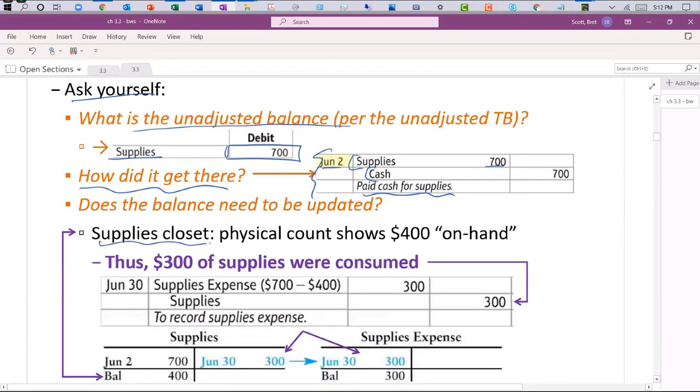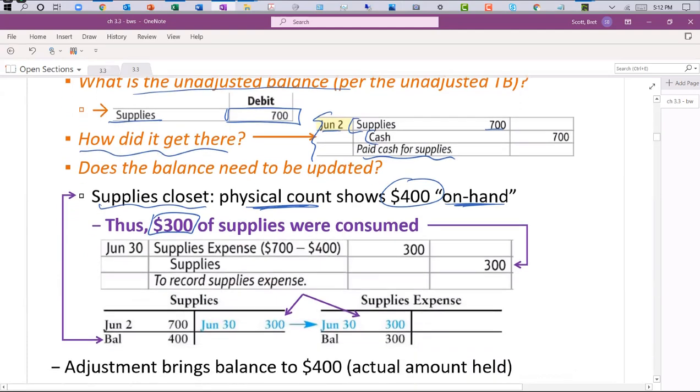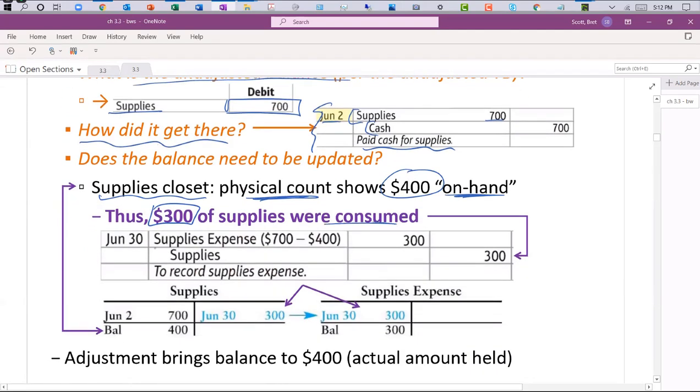If we look at the supplies closet and we do a physical count to see how much we have on hand physically, and we see that there's 400 of supplies left, that implies that 300 of the 700 was consumed. That's why we have 400. So what we need to do is reflect that consumption by way of recording a supplies expense of $300.